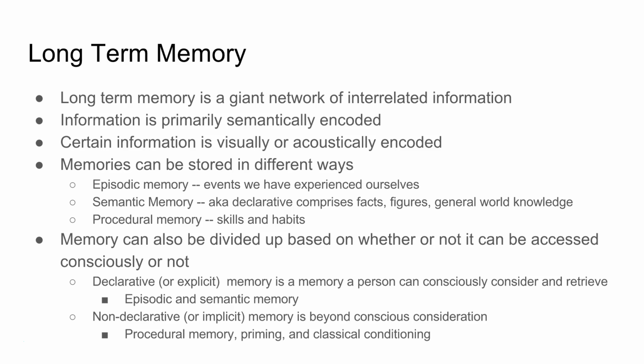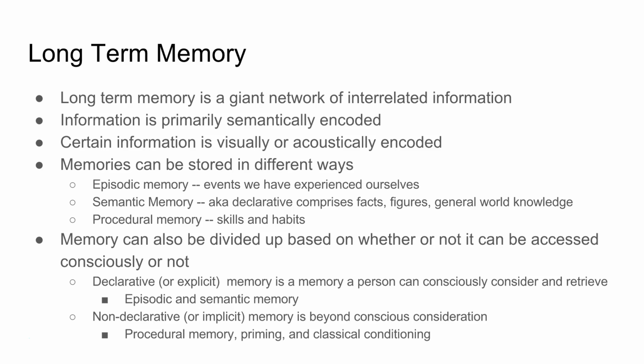Memories in our long-term memory can be stored in a number of different ways. Some of them are listed here. So episodic memories are specific things that we have experienced ourselves, and stored in that long-term memory. Semantic memory is also known as declarative memory, and that is facts, figures, general world knowledge, things around us.